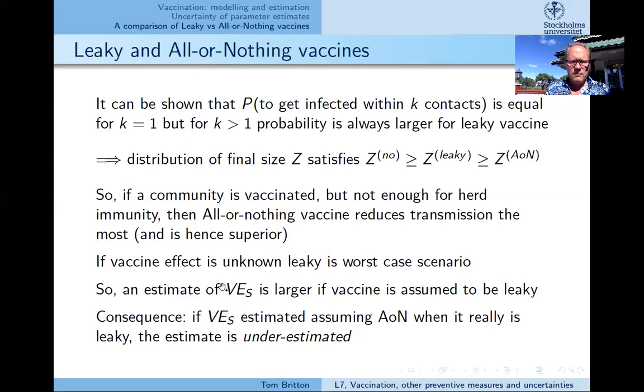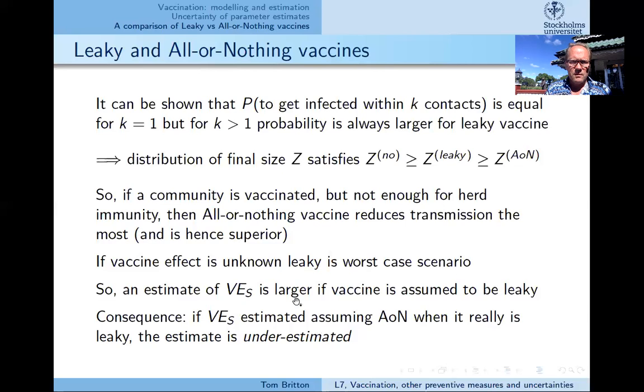So your estimate of vaccine efficacy is larger if you assume the leaky. If you estimated the vaccine efficacy assuming that it was an all or nothing, when in fact it is a leaky one, you will have an underestimate of the vaccine efficacy.